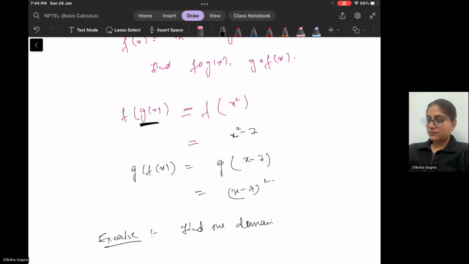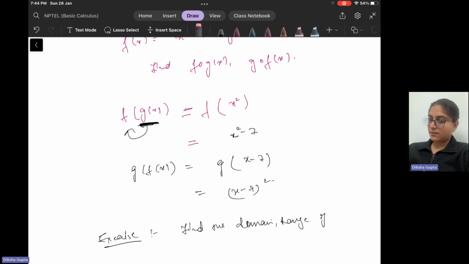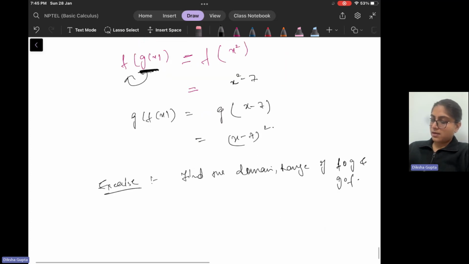So that this g(x) will make sense for the argument of f. So find the domain and range of f of g and g of f, and plot f of g and g of f.